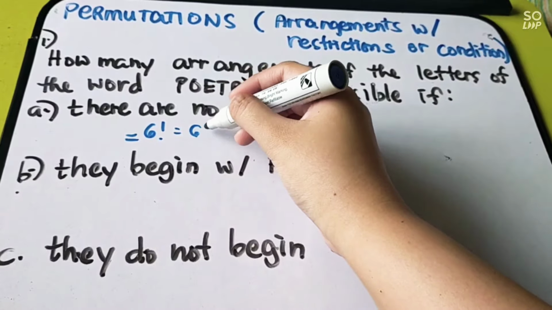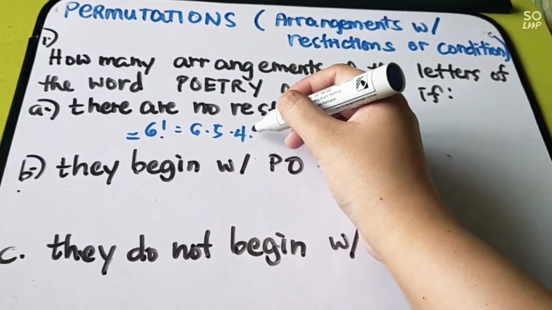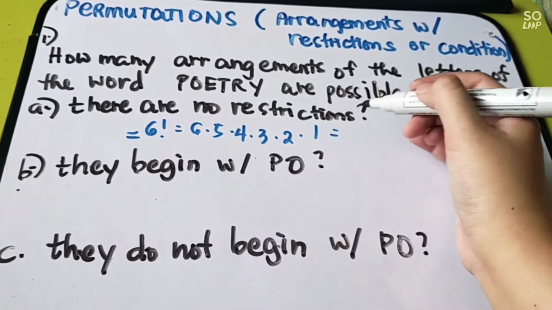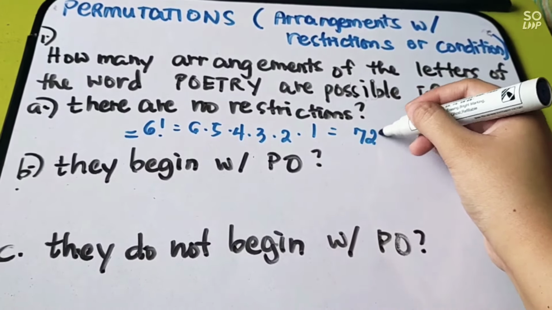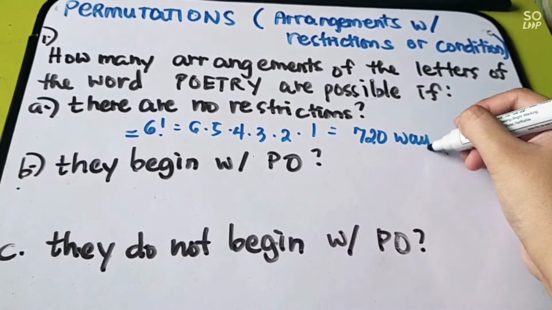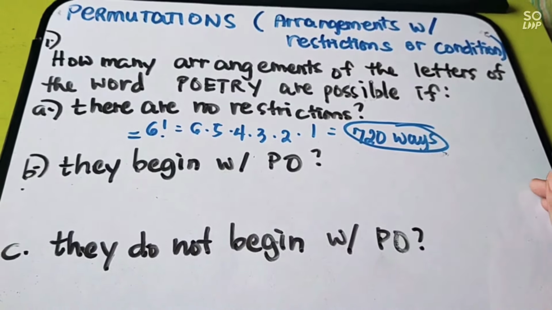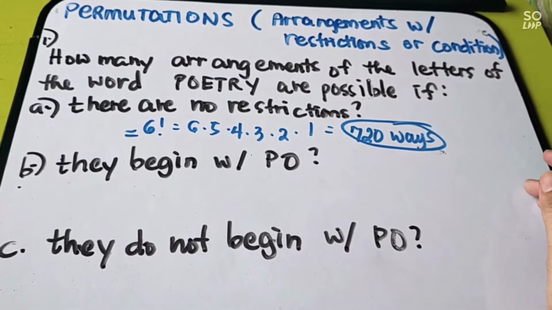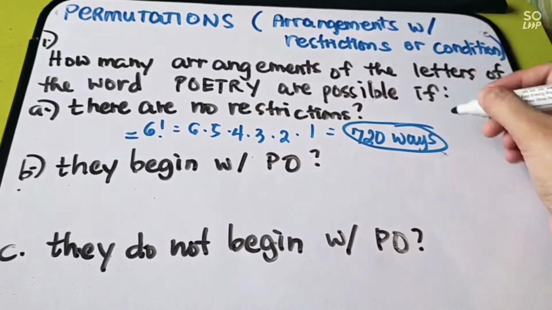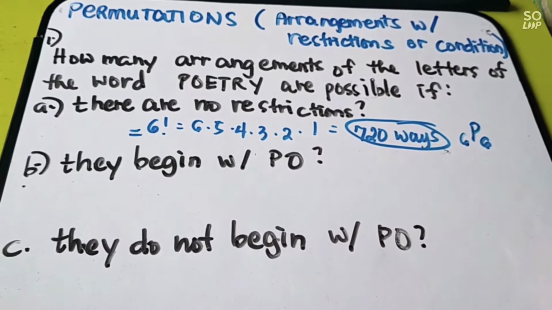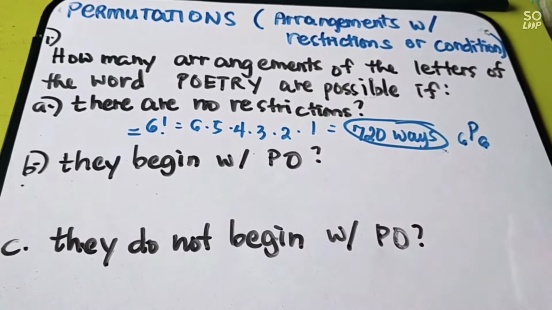So, equal lang yan sa 6 times 5 times 4 times 3 times 2 times 1. So, ang sagot lang dyan is 720 ways. Wala siyang condition eh. Okay? So, yun lang yung simple permutation. 6 factorial lang siya. Or kapag naman yan isinimbol mo, that is 6 taken 6. Okay? So, ito rin yung magiging sagot.